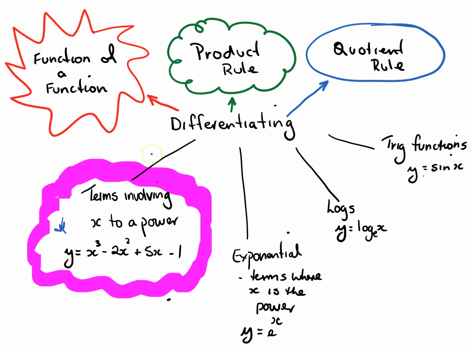However, any of these four techniques for differentiating that we will eventually learn, within each one, we have to obey something called the function of a function rule. We have to also obey the product rule, and we also have to obey the quotient rule.